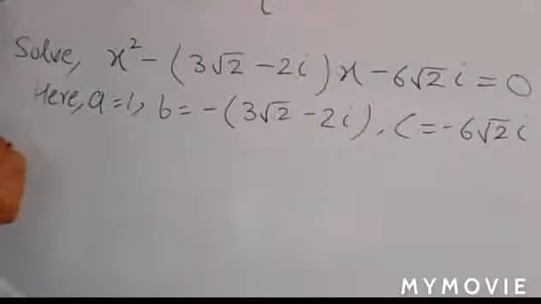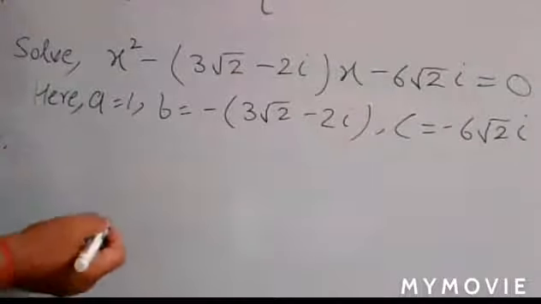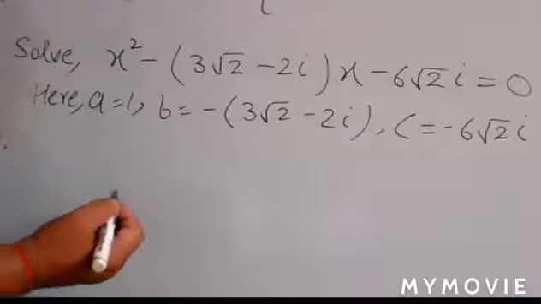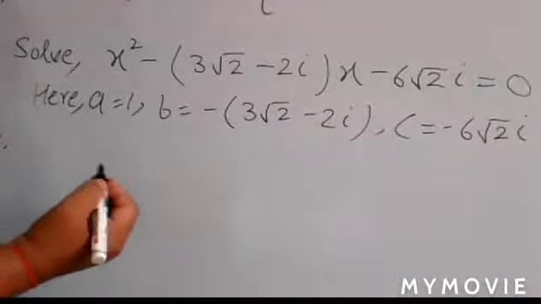So for the value of x, either you find it directly, or first you find the value of the discriminant and then put it there. It's your choice.